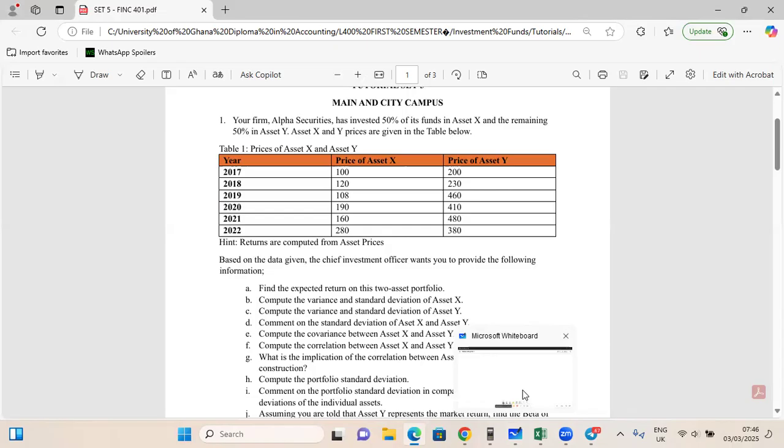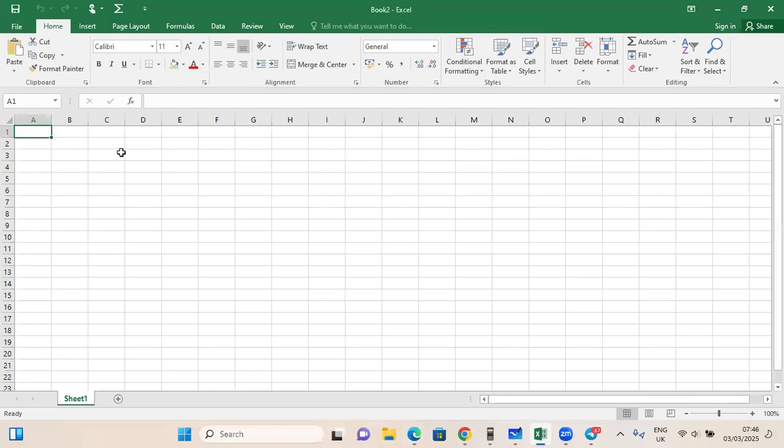So let's go. A is telling us to find the return on the 2 assets. So let me just put this thing here. I'll be using both Excel and the writing.